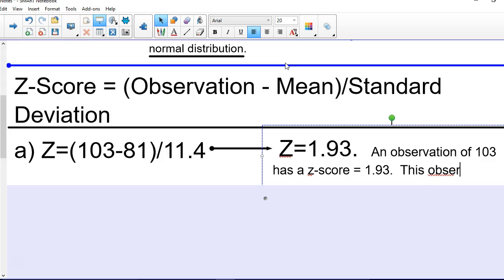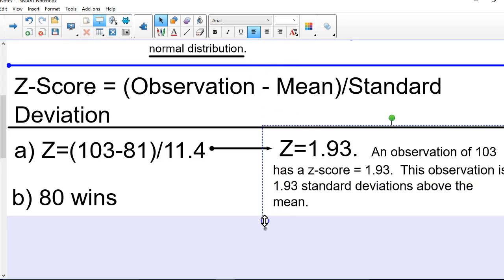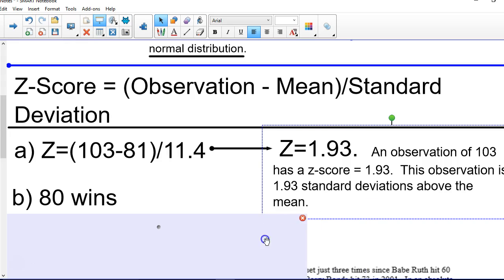This observation is 1.93 standard deviations above the mean. And that's how we interpret it.